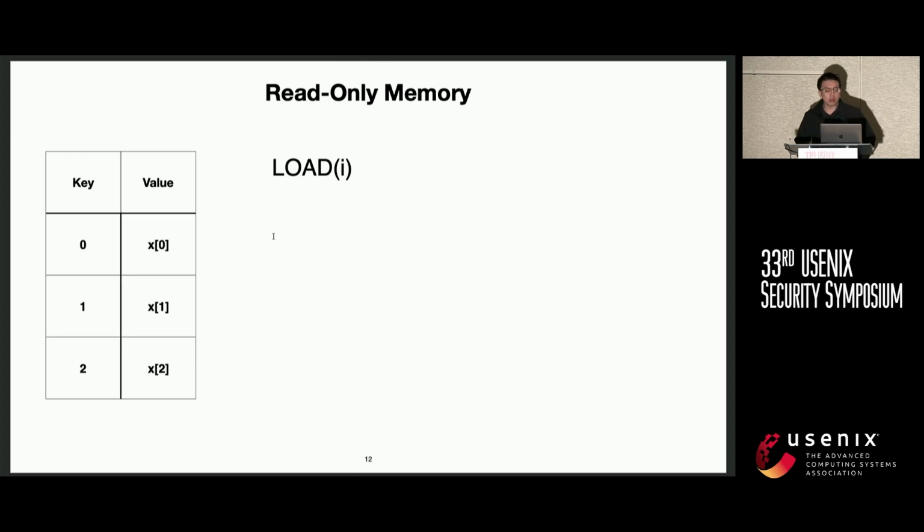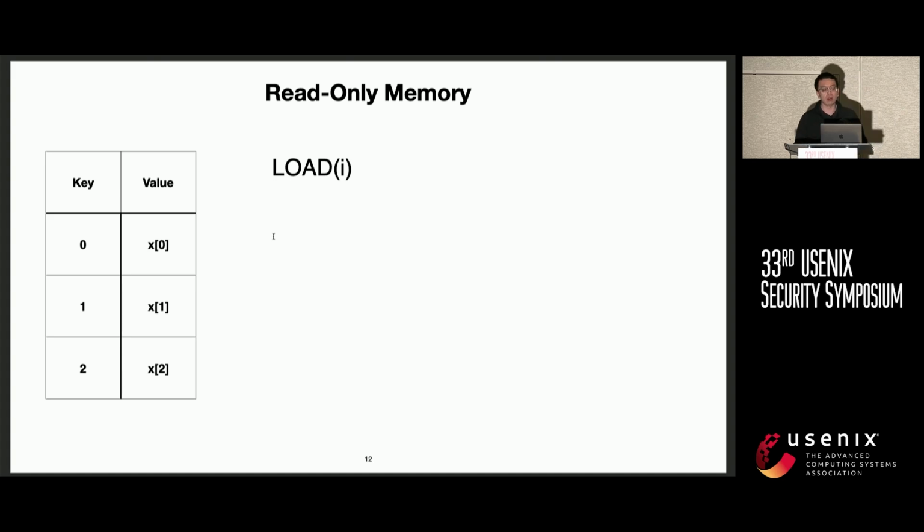Let's recall, the goal here is that we want to build this load gate. Essentially, when we take some index i, we want to fetch out whatever is saved in index i. And for simplicity, let's try to build a zero-knowledge RAM for the table I put here. We have only 3 elements which save x0, x1, and x2. And for simplicity, let's even imagine this table is public, known by the prover and the verifier in clear text.